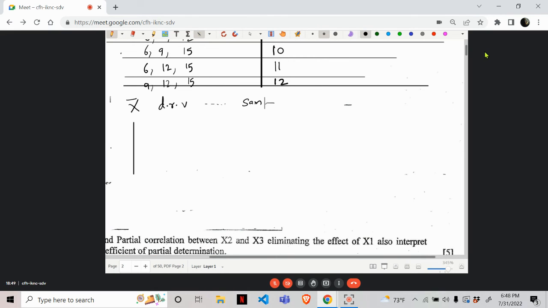Sir, can we directly find the mean from the table? No, you have to do it like this because normally they will ask for the sampling distribution. What are the possible values? 6, 7.